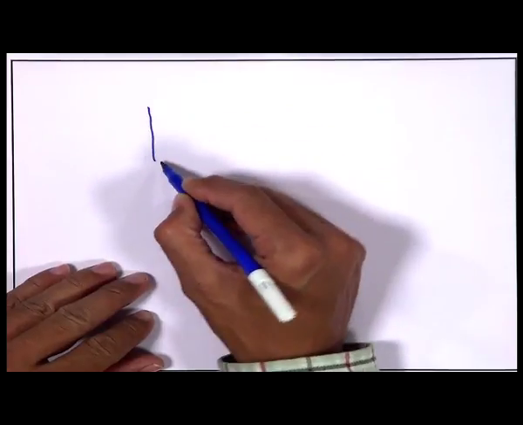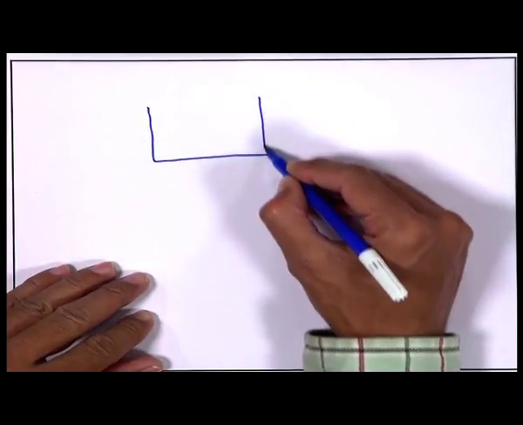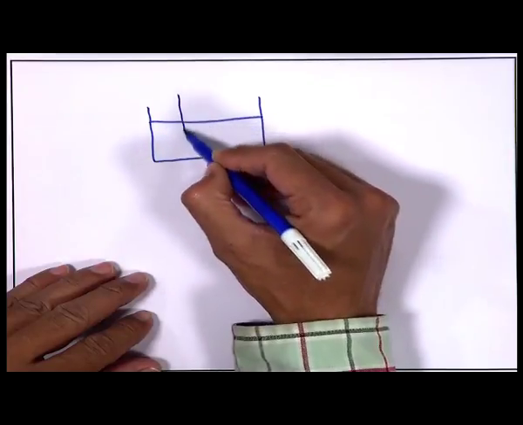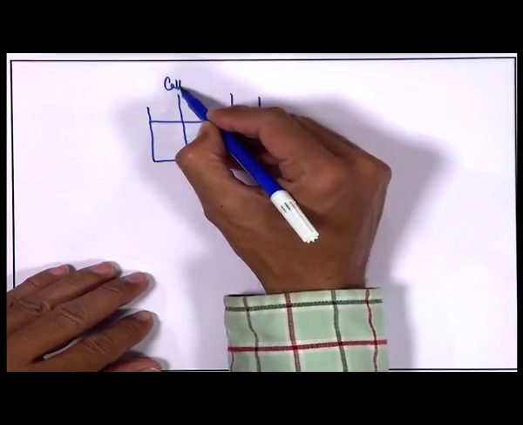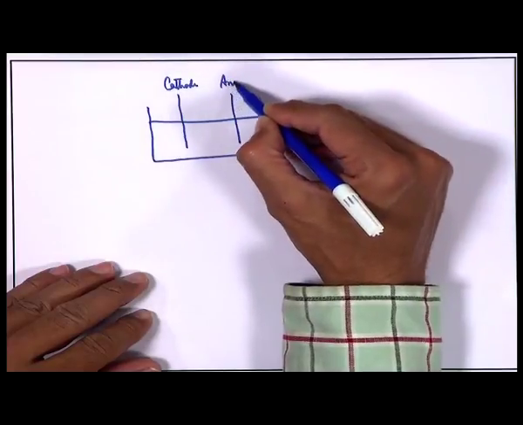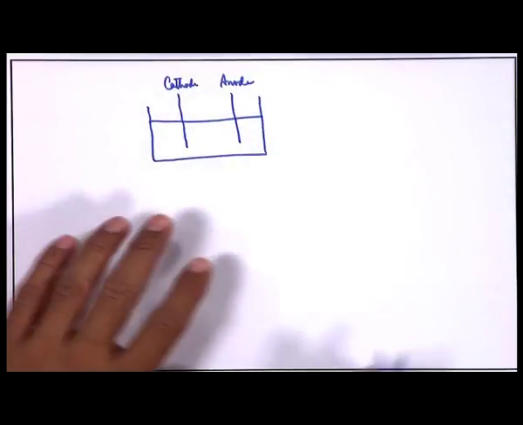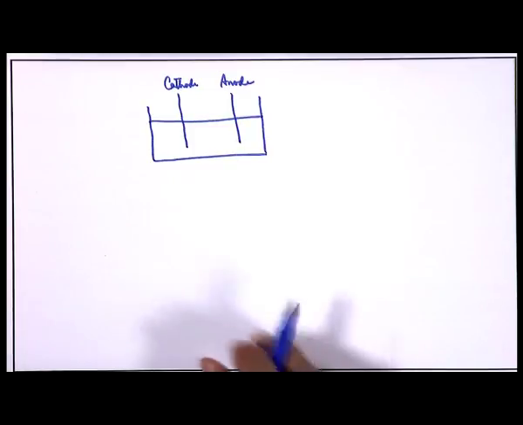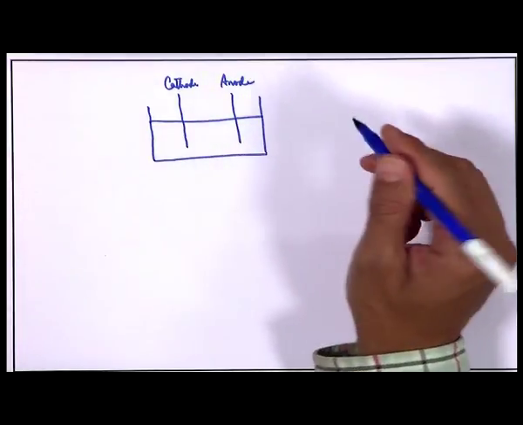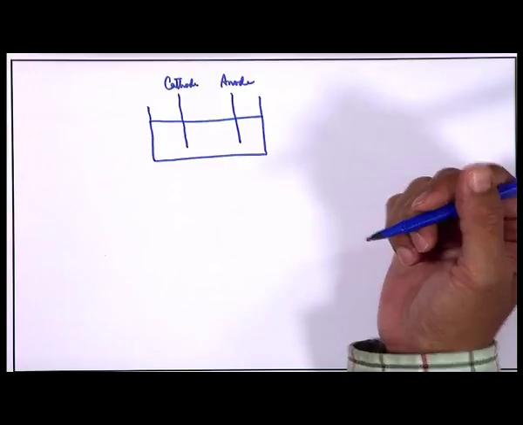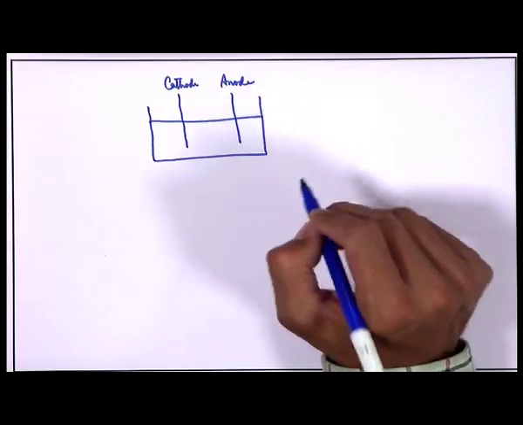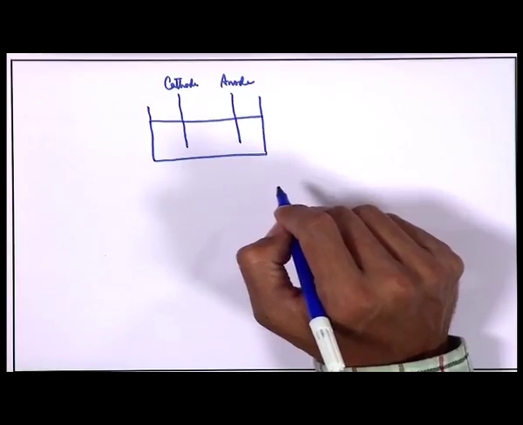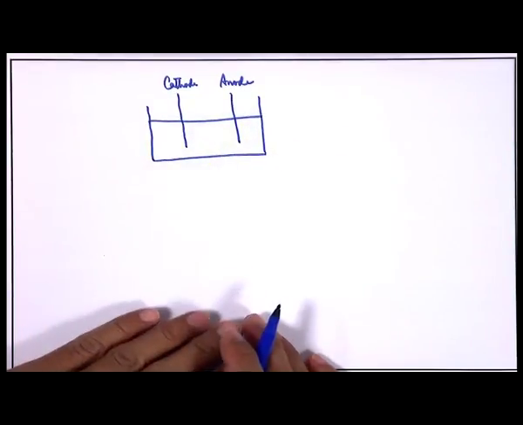Cathode means reduction, anode means oxidation will take place. And we are supplying a DC source. That means a steady current is provided through this acid solution. That is, you have pure water and maybe you put 1 or 2 drops of HCl in it, and then you look at what is going to happen.